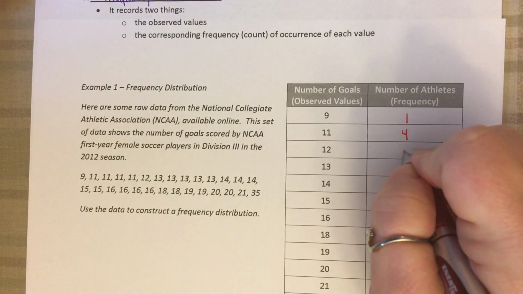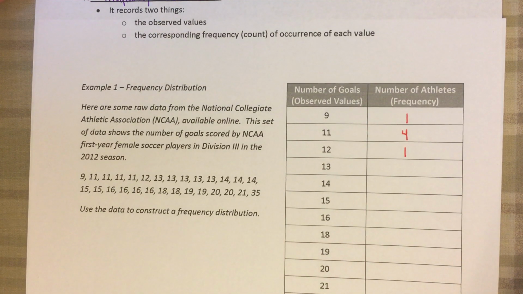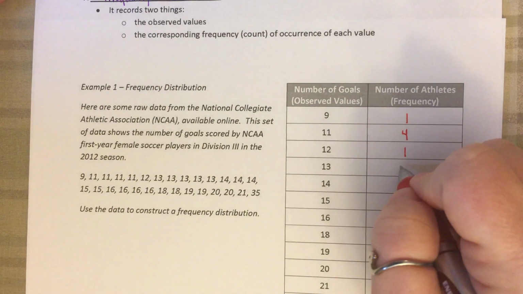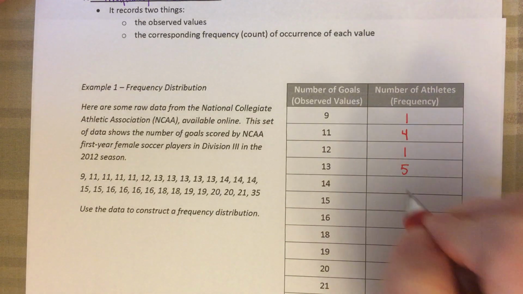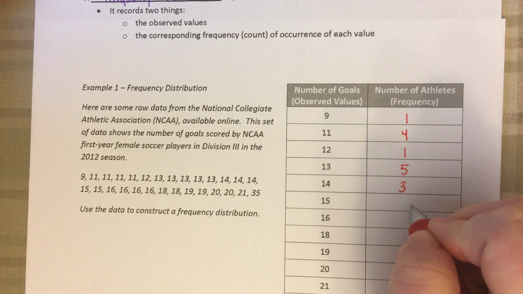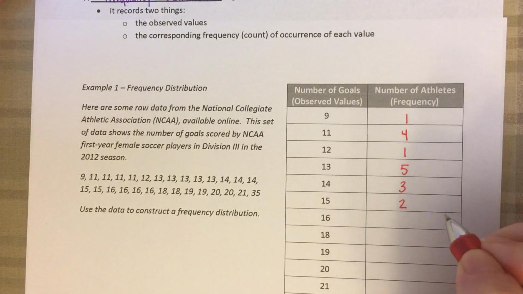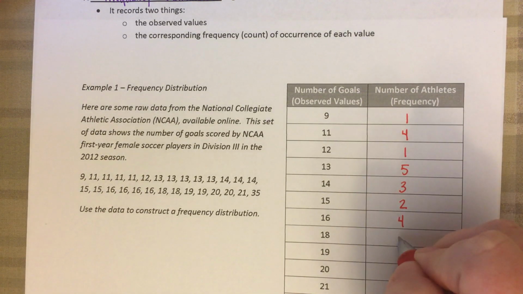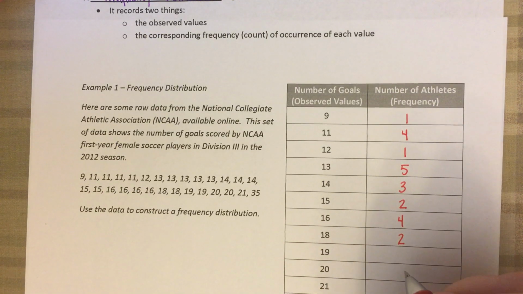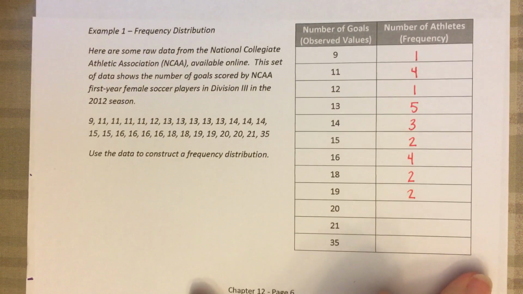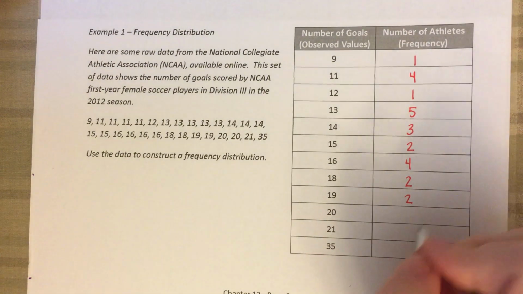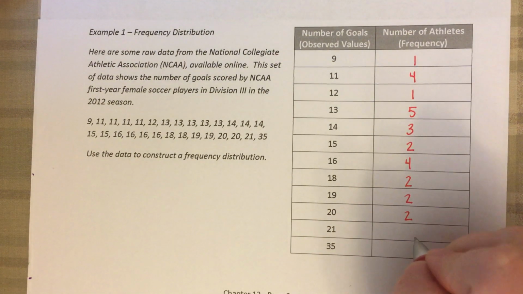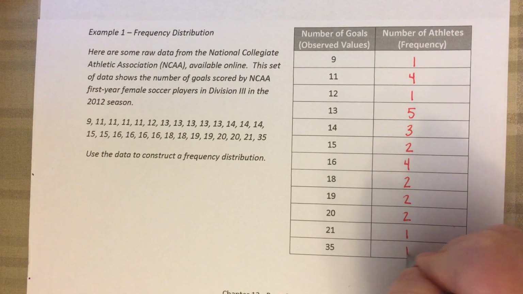If we look at 12, we have 1 again. 13, 1, 2, 3, 4, 5. 14, we see 3. 15, we see 2. 16, we count 4. 18, we count 2. 19, we also have 2. 20, we have 2. We have one person that scored 21 and one person that scored 35.